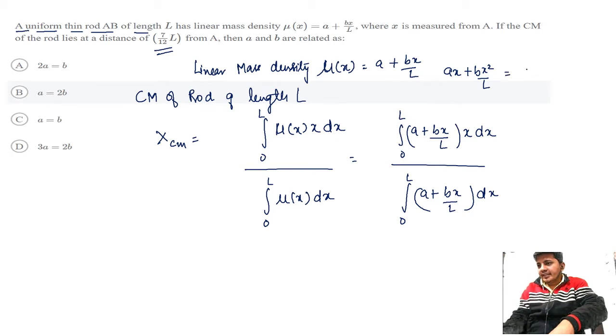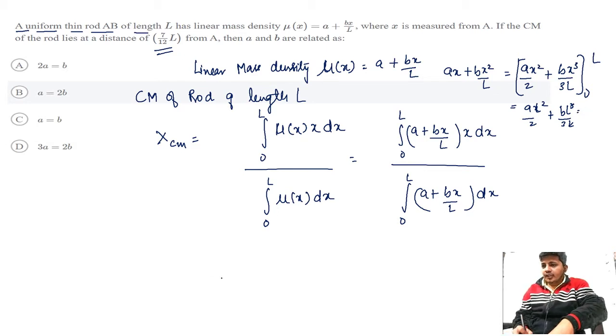If we integrate, we would get ax square by 2 plus bx cube by 3L, with limit 0 to L. If we put the limit, we would get aL square by 2 plus bL cube by 3L. This L and this L will be cancelled, and it would be L square by 3.